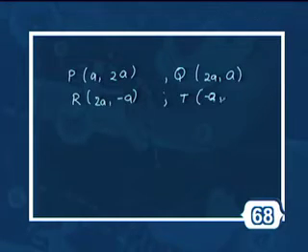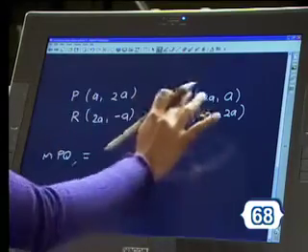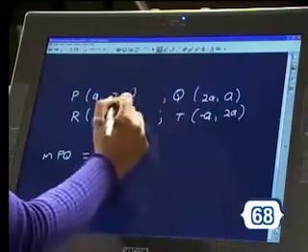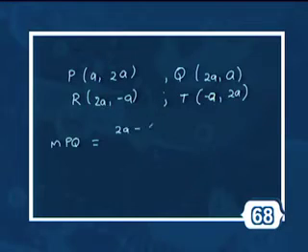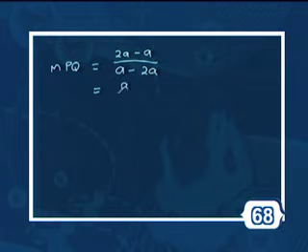Firstly, we're going to work out the gradient from P to Q using the formula y2 minus y1 all over x2 minus x1. So from P to Q, I'm going to have a minus 2a, all over 2a minus a, and I'm going to get minus a over a, which would give me an answer of minus 1.